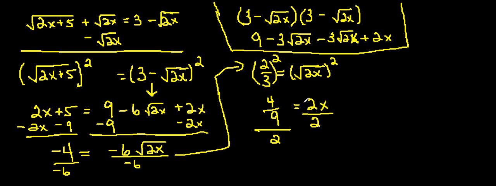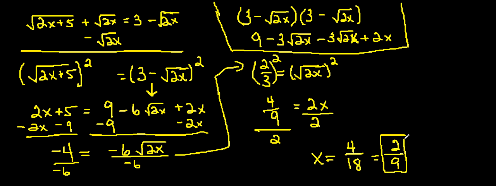Alright, so we should have that x equals 4/9 divided by 2, which is 4 over 18. That simplifies to be 2 over 9, and that's where our solution should be.